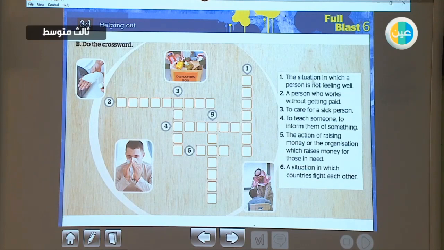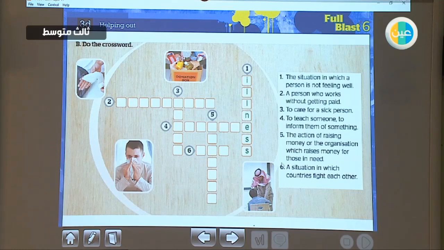Number 1, the situation in which a person is not feeling well. What do you think the word for that definition is? So the word that stands for this meaning is illness.